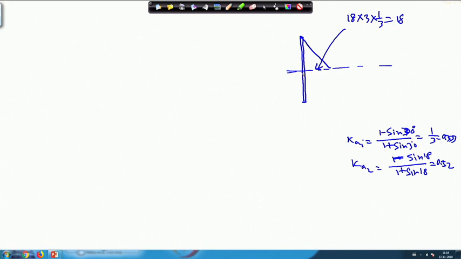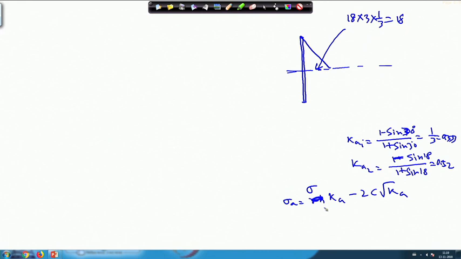Now, when the second layer starts, how do we find it? For a two layer system, the active pressure will be sigma active equal to gamma H Ka, or you can say sigma Ka minus 2C root Ka. I have to find what the sigma is here. The sigma here is nothing but 18.